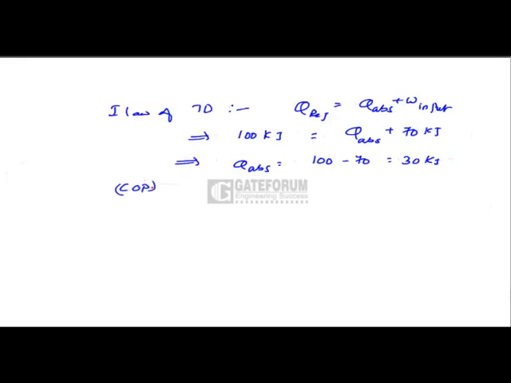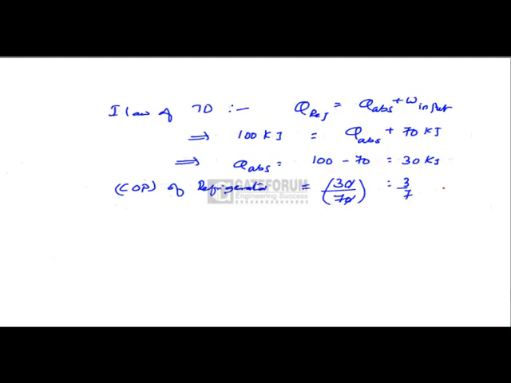Therefore, COP of refrigerator is 30, that is Q absorbed divided by 70, that is a work input, that is 3 by 7.